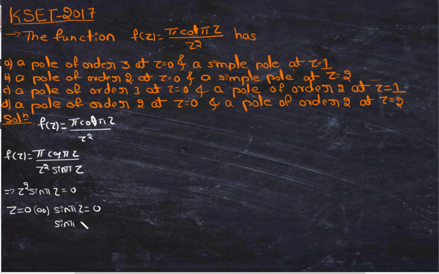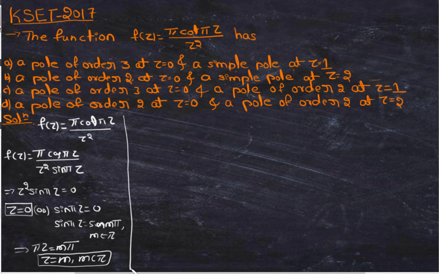Now, by the general solution from trigonometry, sin pi z is equal to 0 when pi z is equal to m pi, where m is any integer. This implies z is equal to m for all m belonging to the integers. These two sets of points are called singular points. Now these singular points are said to be poles.